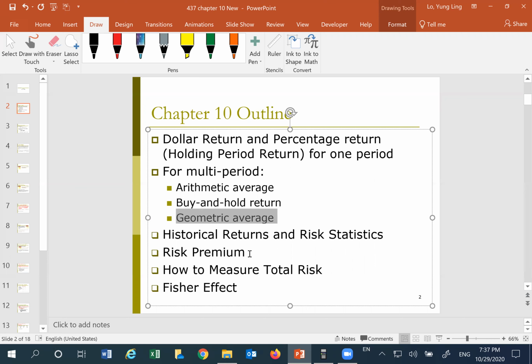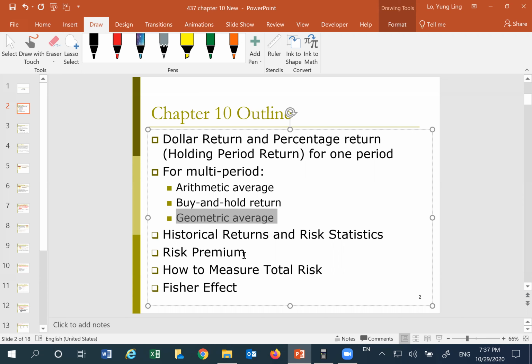Then after that, we'll also decompose the holding period returns into risk-free rate and risk premium. That calculation is going to be really simple, but the purpose of calculating the risk premium is so that we can control for the risk level while comparing different performance. Let's say fund manager A versus fund manager B, which one performs better?